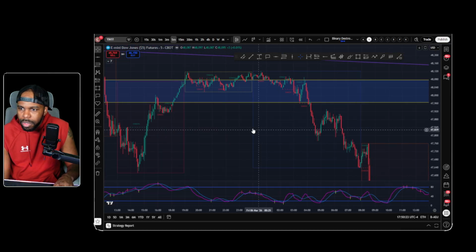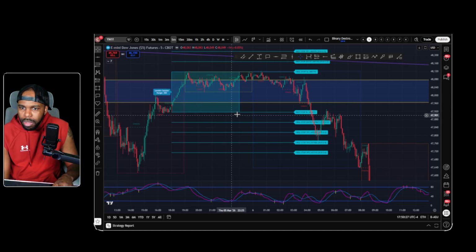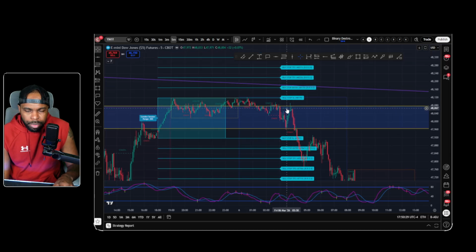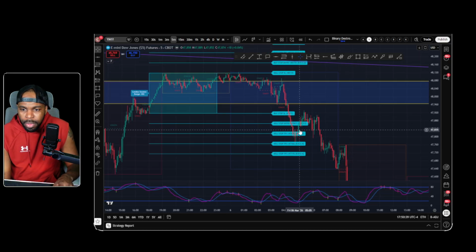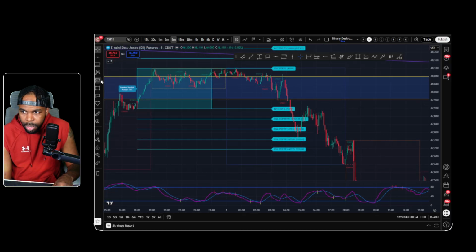So let's turn our pip juice indicator on. Okay. This right here would have saved you some time by not placing a buy stop entry. Okay. You're not looking for a buy stop entry. Now you could do a sell stop entry, and you would have wanted that if you'd had your sell stop entry right here.